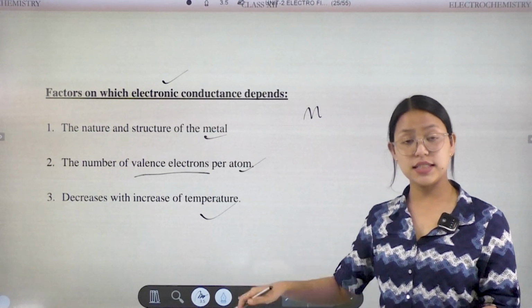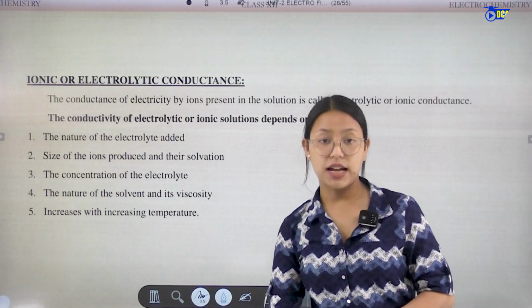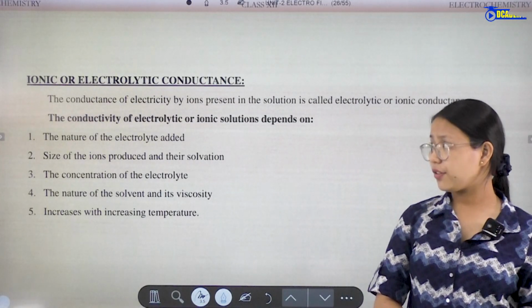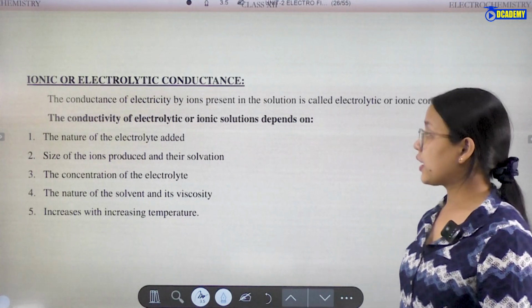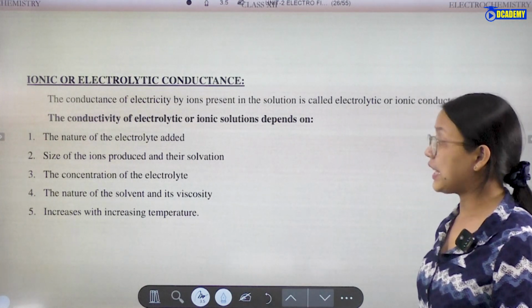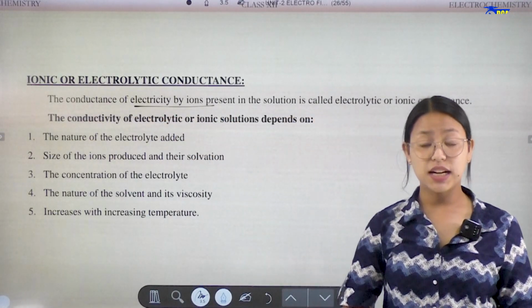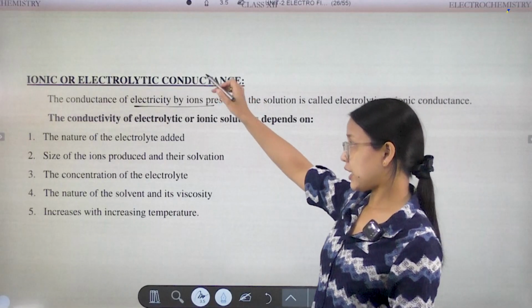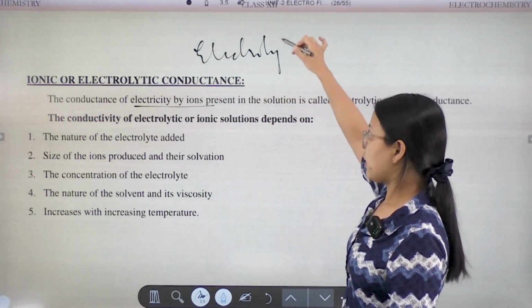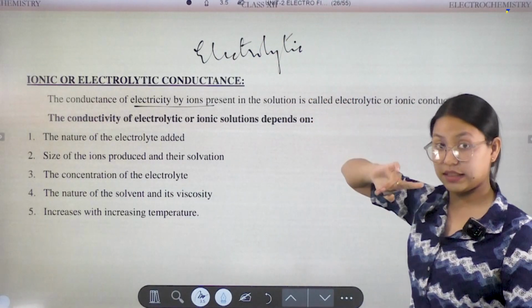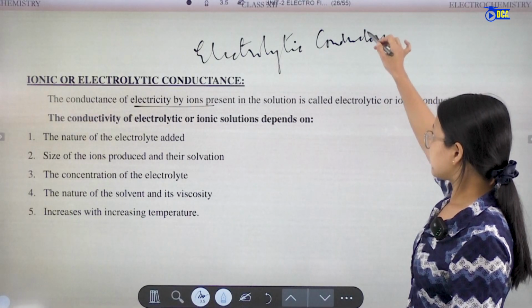Next, ionic and electrolytic conductance. This is the conductance of electricity by ions. Electrolytic conductors.